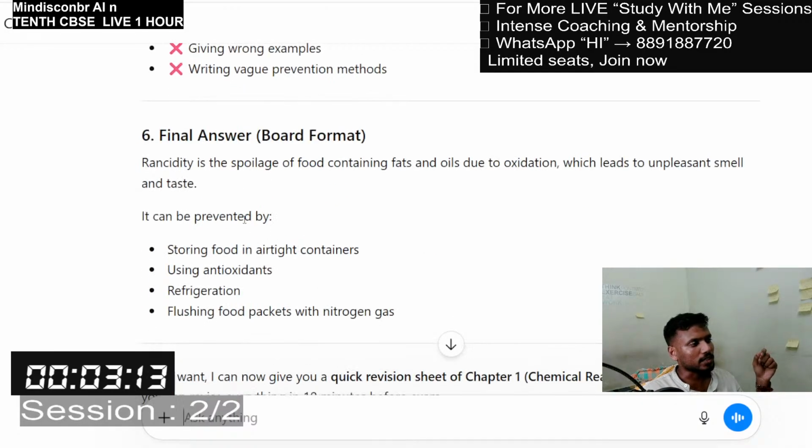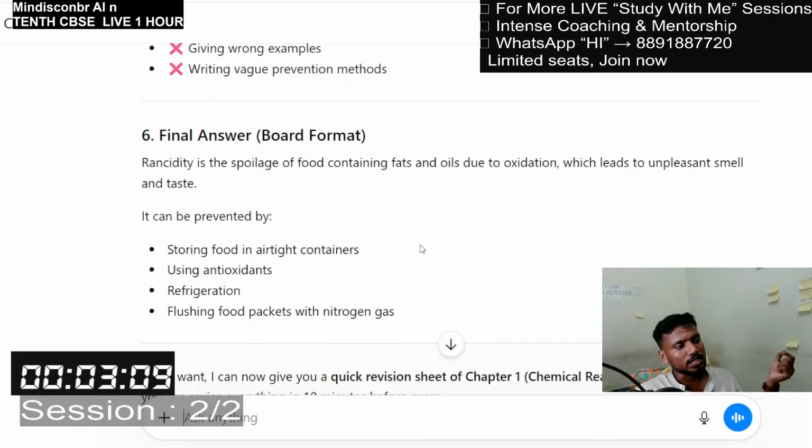Final answer: rancidity is the spoilage of food containing fats and oils due to oxidation, which leads to unpleasant smell and taste. It can be prevented by storing food in airtight containers, using antioxidants, refrigeration, and flushing food packets with nitrogen gas. So, in which ways can you prevent this rancidity or oxidation?